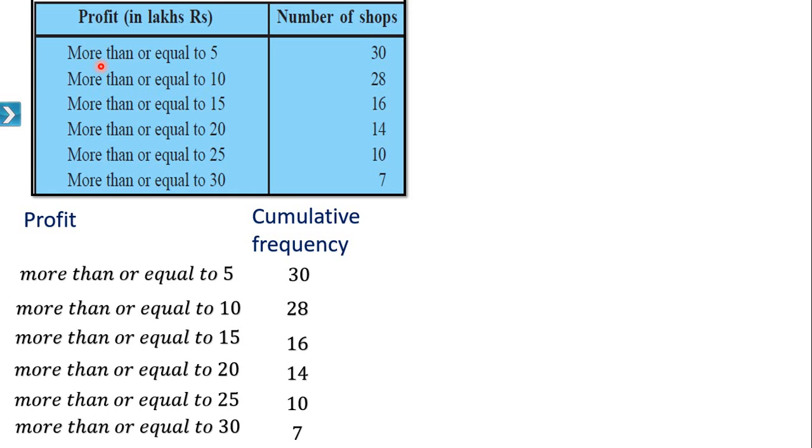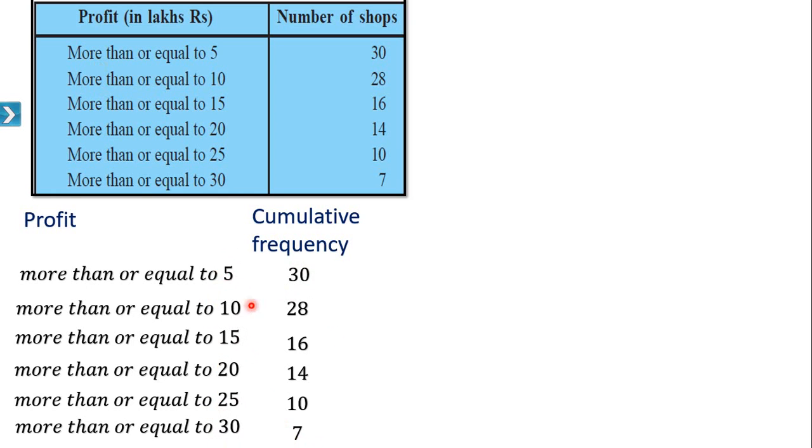Now, to plot the graph, to plot the point, we need the pair of points, that is called ordered pair. So, let us write the ordered pair of lower limits with their corresponding cumulative frequencies.